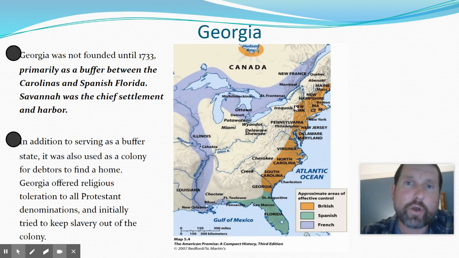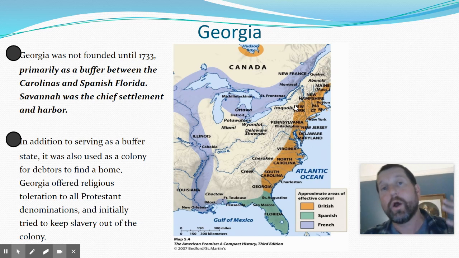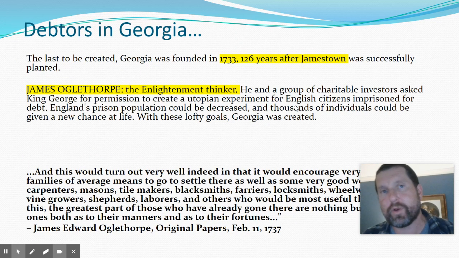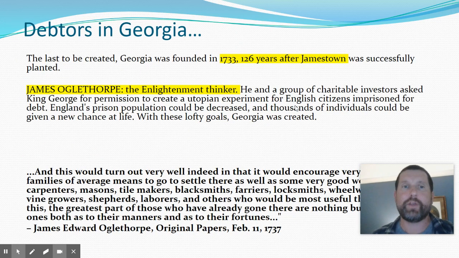But it's also founded as a debtor's colony, where people who owed others money can find a home, essentially. They owe aristocrats money, and they have an opportunity in Georgia to work through that and to live a life that's intended to be at least prosperous, right?